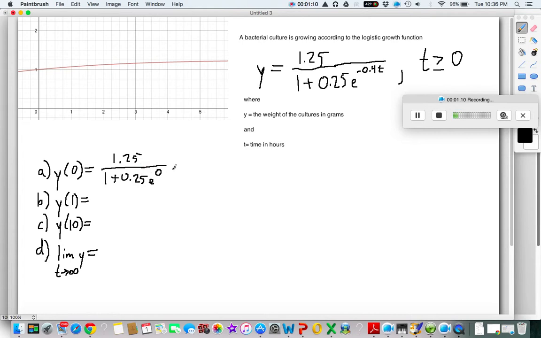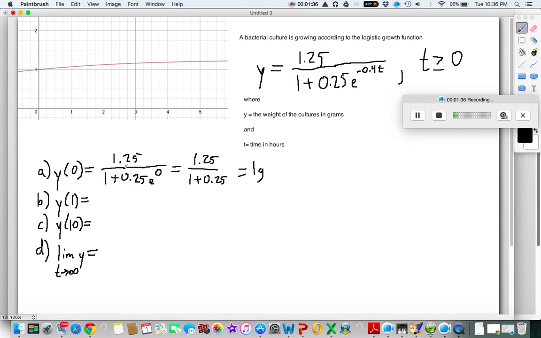And anything to the 0 power is what? Sure hope you can answer that. So we get 1 plus 0.25. So this ends up being 1 gram. We can expect that we are starting with 1 gram worth of bacteria.